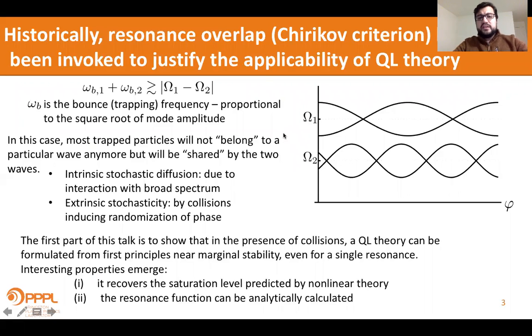Historically, the Cherenkov criterion has been invoked to justify the applicability of quasi-linear theory. Again, this represents the resonance in action space. This is the angle. So you have, in this case, two resonances, two chains of resonances in phase space.